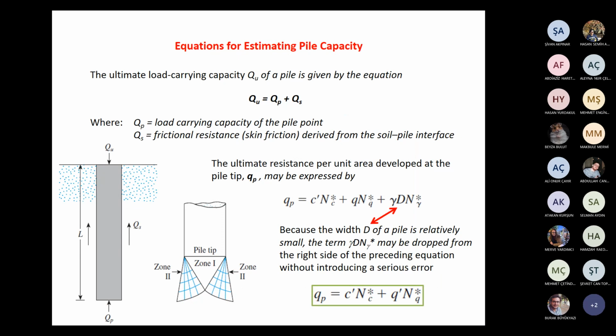Soil may have cohesion and internal friction angle. Cohesion, symbolized by c, is multiplied by a factor. We use a star here because the Nc factor is modified for piles.